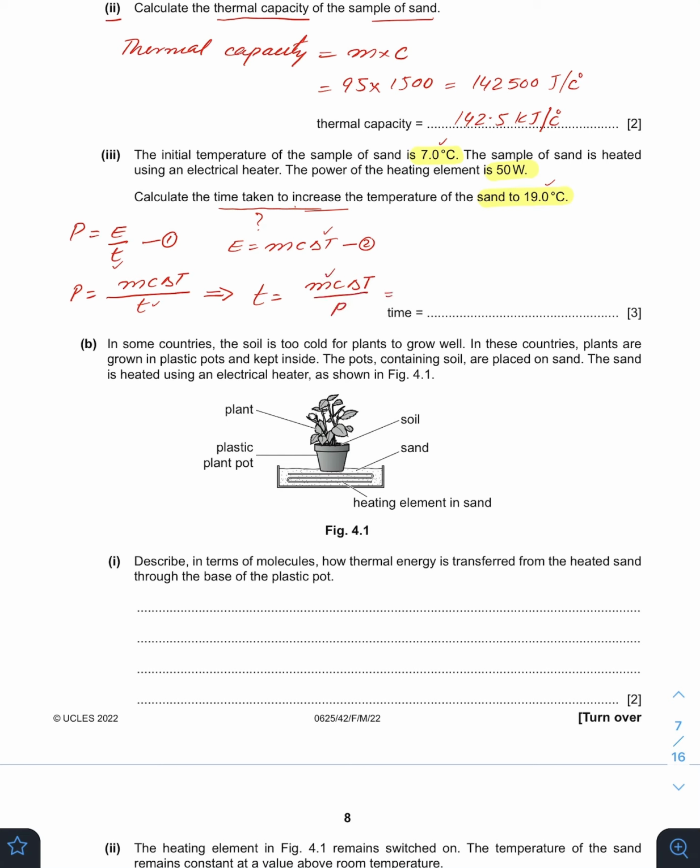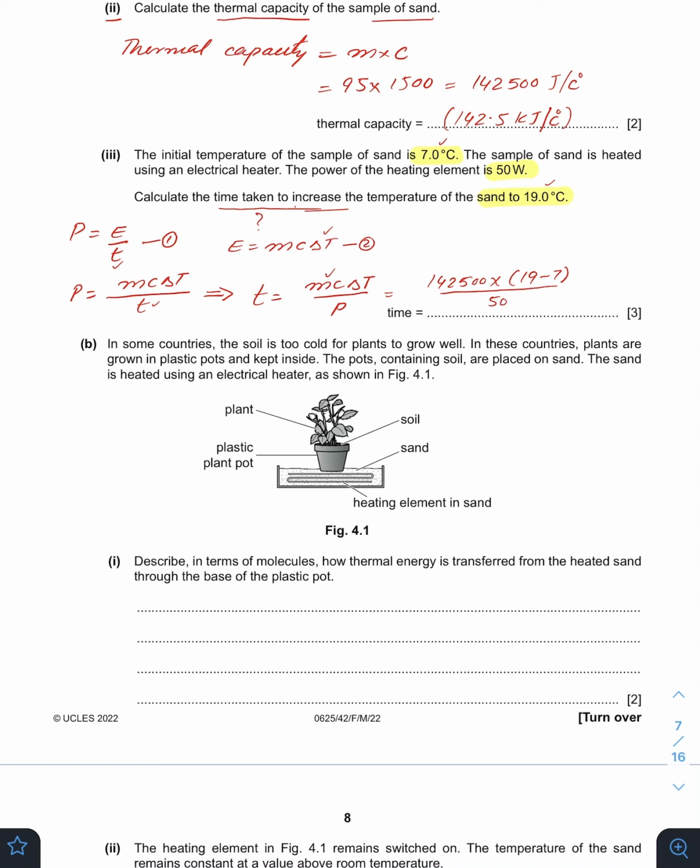So mc we already calculated, mc is 142,500. Change in temperature is given, 19 minus 7, and power of the heater is given, that is 50 watt.